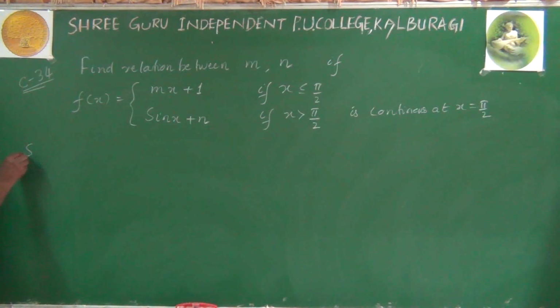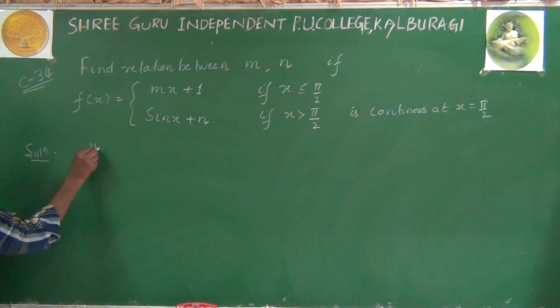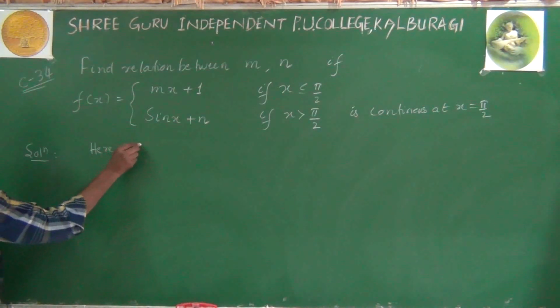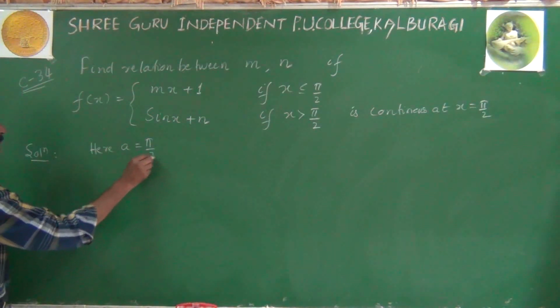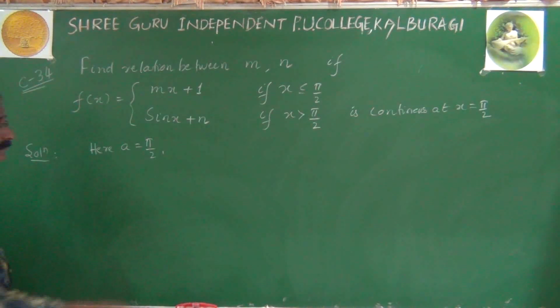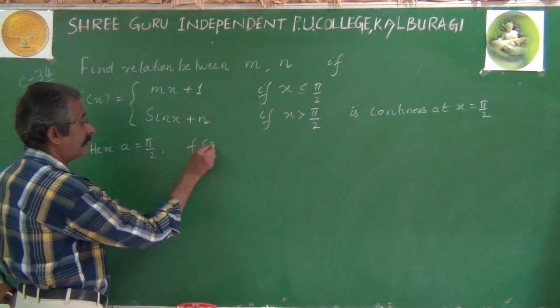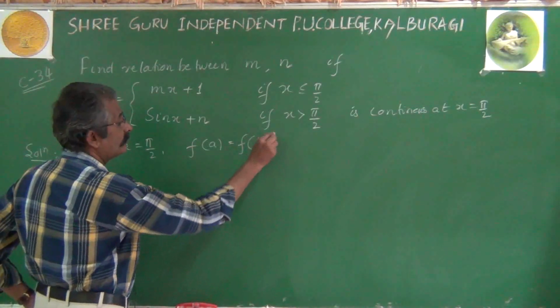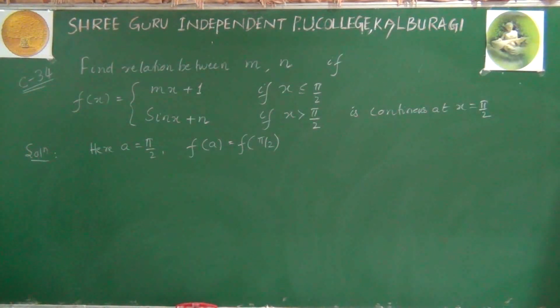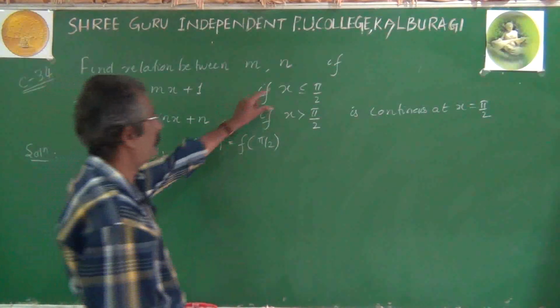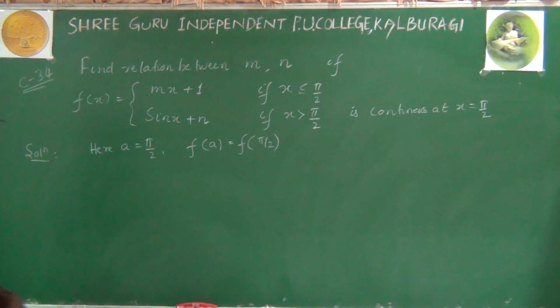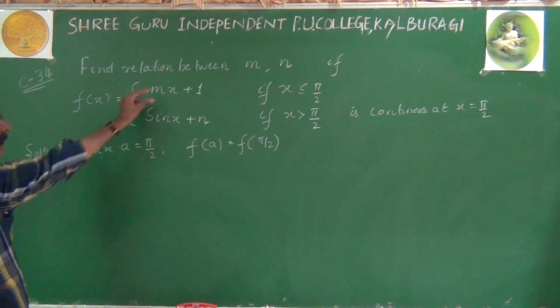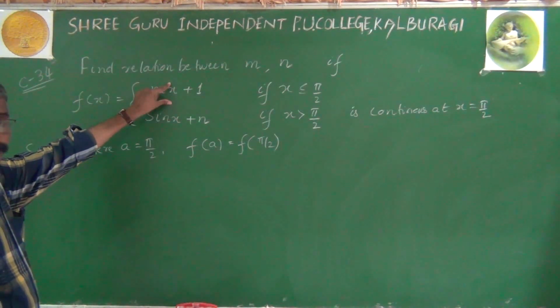Let's have the solution. Here a equals pi by 2, so f of a, that is f of pi by 2, uses the first value of the function, where x equal to pi by 2 holds. In this, replace x by pi by 2.